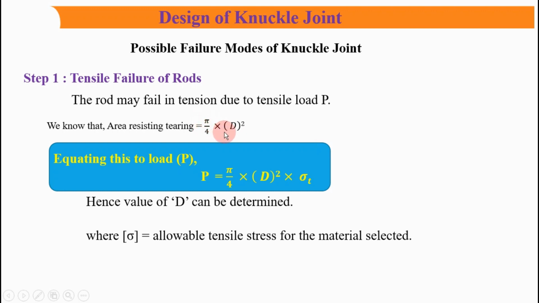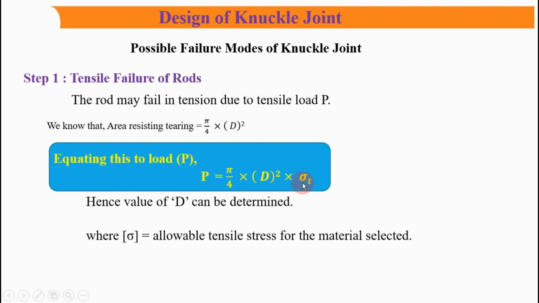Now we need to equate this relation to load P, so P is equal to pi by 4 into d square into sigma T.